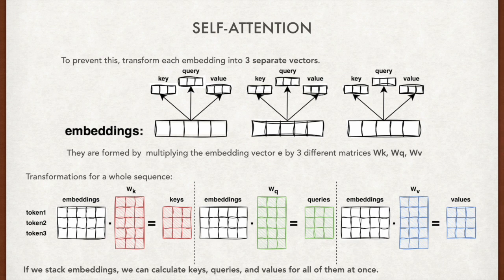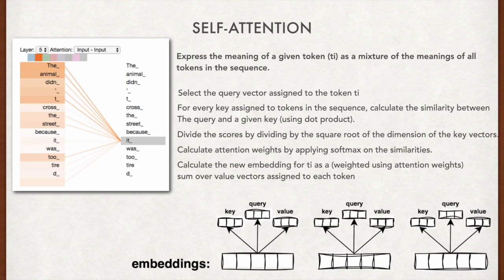Trying to extract a key vector, a value vector, and a query vector for a given token, for instance the third token, we simply extract the third rows of the generated matrices. For instance, the third row of the keys, or the third row of the queries, or the third row of the values. Let's discuss in a step-by-step manner how new representations are calculated using self-attention.